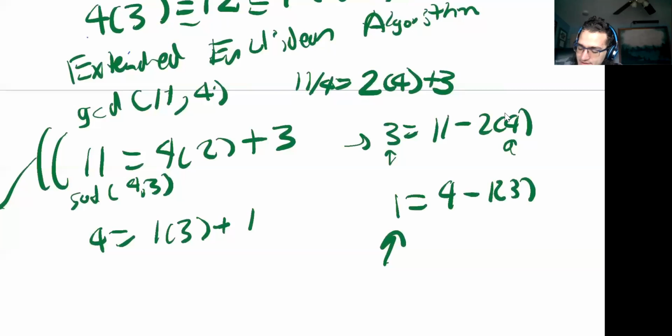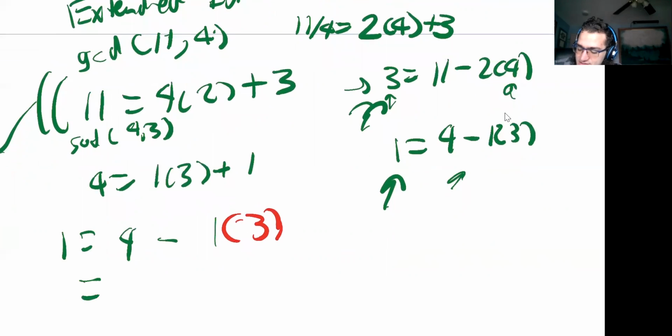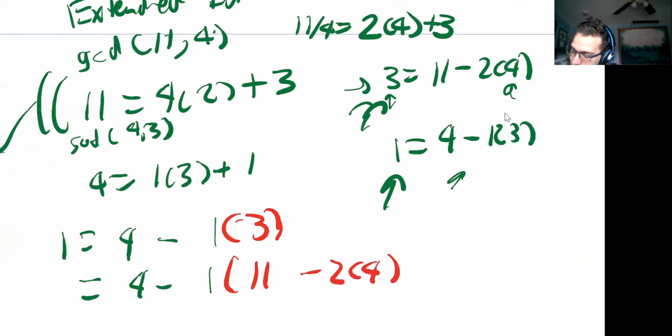And so we'll rewrite 1 using what we've gleaned here. So we'll say 1 is equal to 4 minus 1 times 3. I actually know what 3 is from my prior equation, so that's equal to 4 minus 1 times 11 minus 2 times 4.